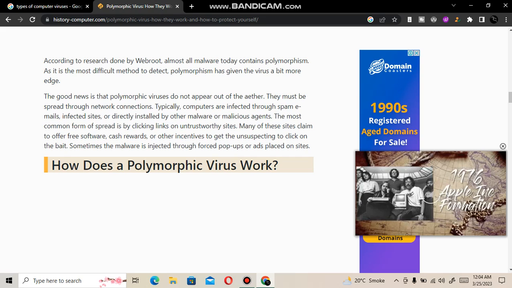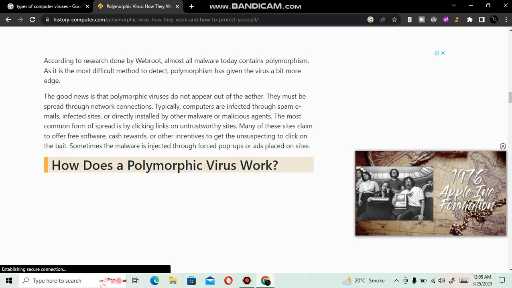The most common form of spreading is clicking links on untrustworthy websites. Many of these sites claim to offer free software, cash rewards, or other incentives to get the unsuspecting to click on the bait. Sometimes the malware is injected through forced pop-ups or ads placed on sites.